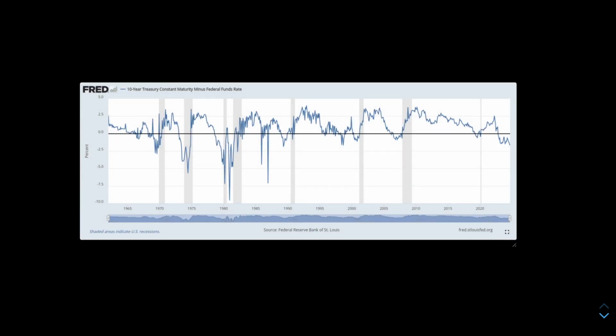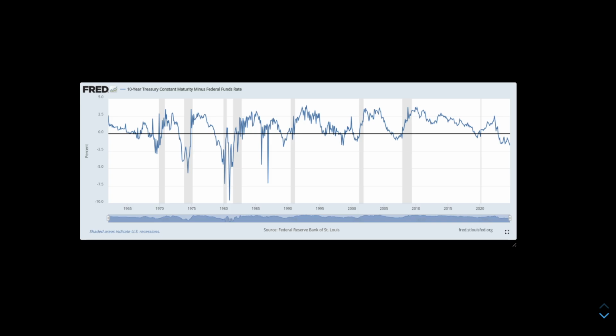And then the picture is even more interesting if you look at the 10-year versus federal funds, right? This data goes back to, I guess, the early 60s. And you can see that this inversion and uninversion process happens quite a bit, but visually you can see that, okay, that's sort of saying that the recessionary period is coming, right?